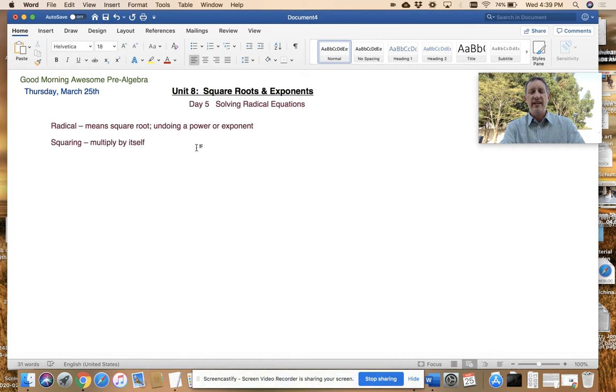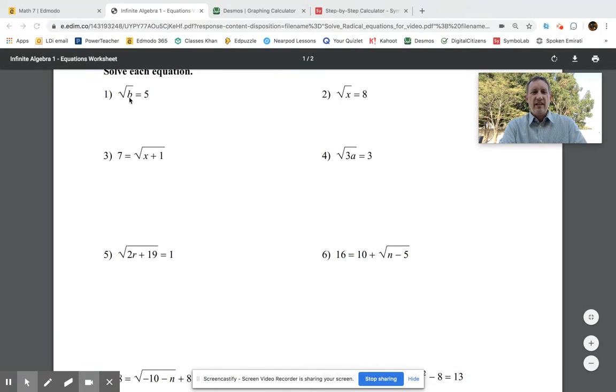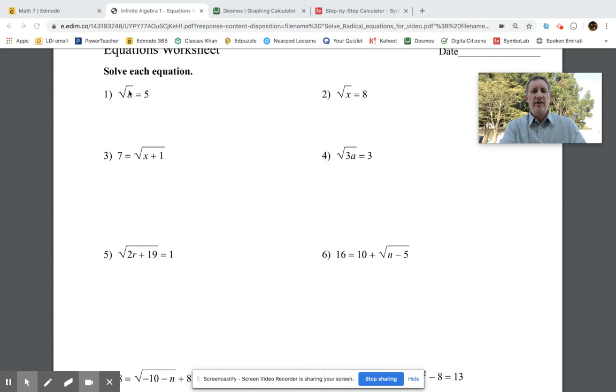All right, let's go ahead and look at some steps. Let's go back to this example over here. If I have an equation like this, the square root of b equals 5, how do I undo that? Well, what is the opposite of square root? The opposite is squaring. So all we do is we just square both sides.